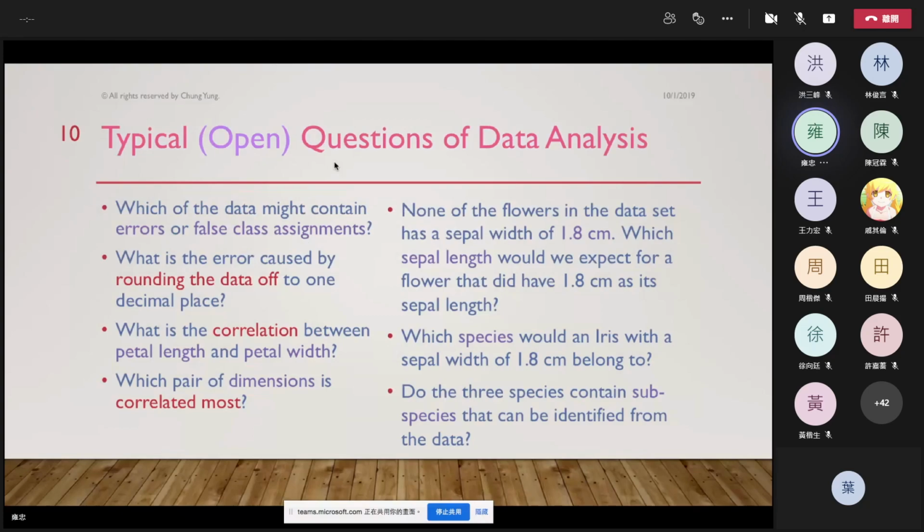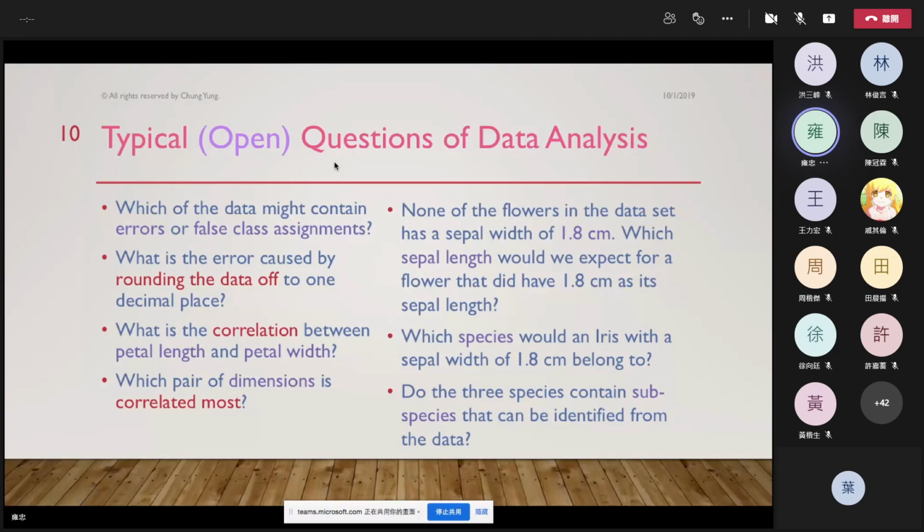Okay, which species will an iris with a sepal width of 1.8 centimeter belong to? Yeah, I just did that. Do the three species contain subspecies that can be identified from the data?